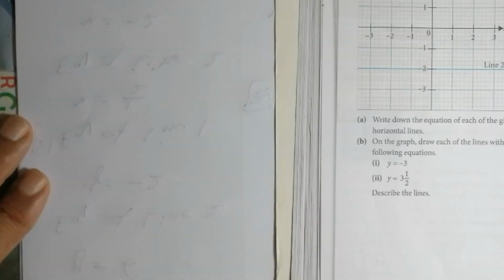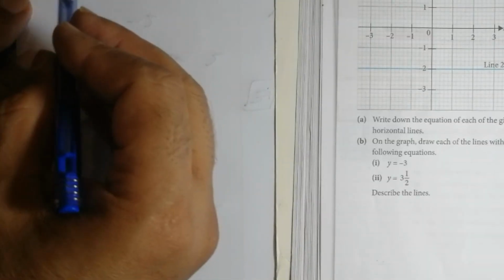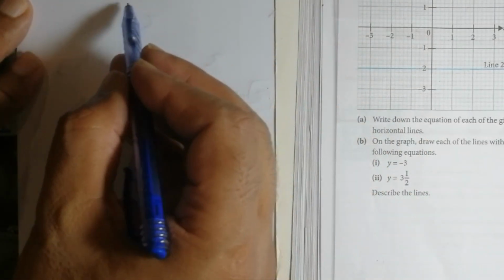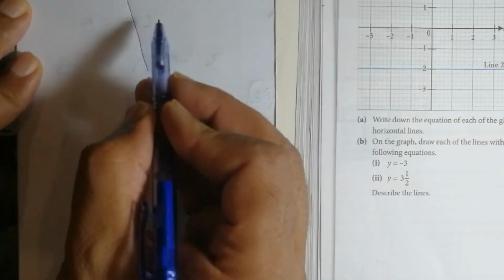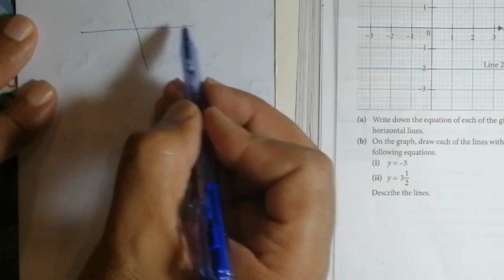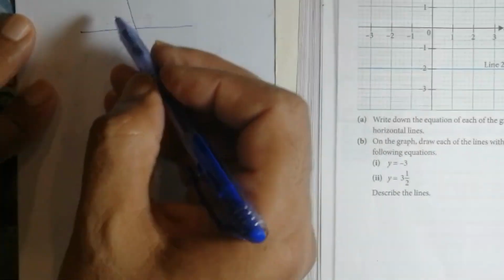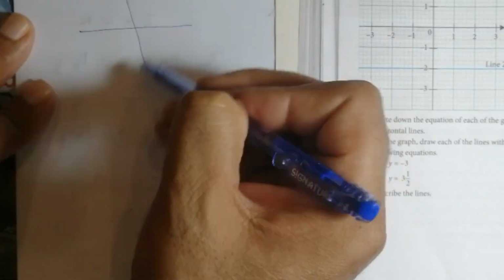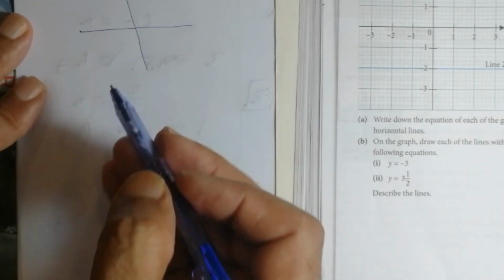As I told you, these lines must intersect. Suppose this is a Cartesian coordinate system, two lines x-axis and y-axis, and if we draw a line like this, they will intersect.